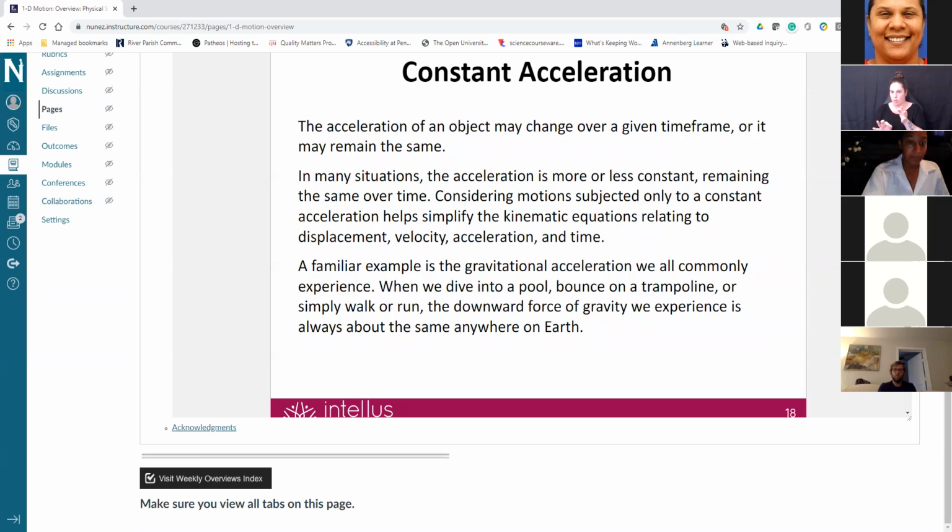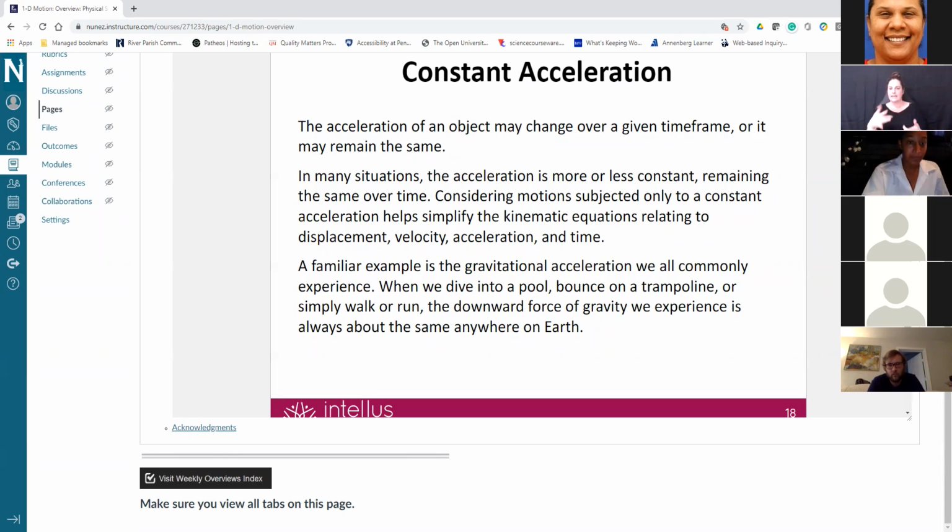Now, so we've got the frame of our basic definitions. What is distance? What is displacement? What is speed? What is velocity? What is acceleration? And honestly, those definitions are very broad. And what we often do when we actually have to look at motion is we simplify it.